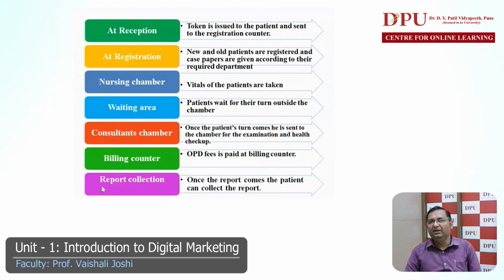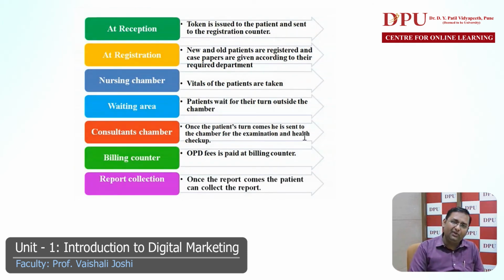Generally, it should be as follows. When the patient enters the hospital, they should be received at the entrance of the hospital, into the reception area. Now, the reception area should issue them some tokens.